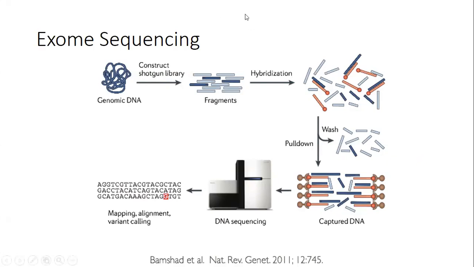But then you capture the exons, those are the coding sequences, you'll recall, the things that encode protein, by having a set of oligonucleotides corresponding with all the known exons. When you do that, you isolate just the DNA in this library that corresponds with protein-encoding sequences, and that's what you end up sequencing.